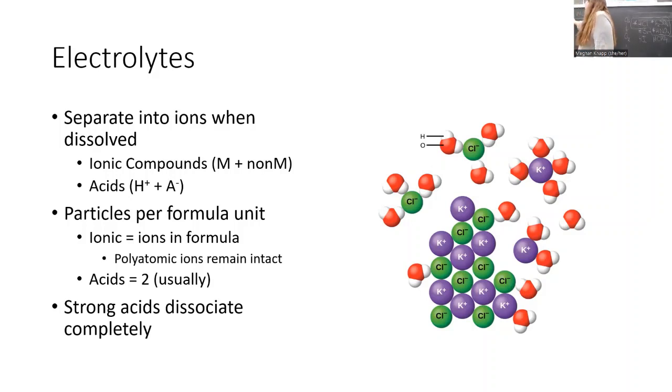So we said that the ammonium nitrate will break into 2 ions, but the NH4 will all stay together because it's held together by what type of bonds? Covalent. Covalent bonds, and covalent bonds are very strong, and the nitrate is held together by covalent bonds, and covalent bonds are very strong. So this isn't going to separate into each individual atom, it's going to separate into the ions.